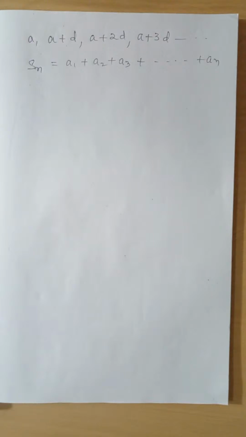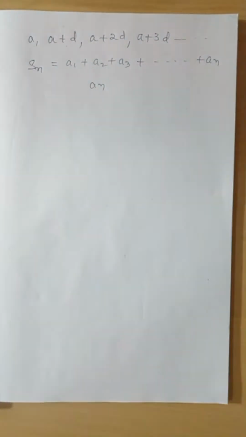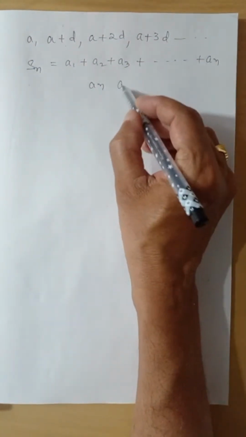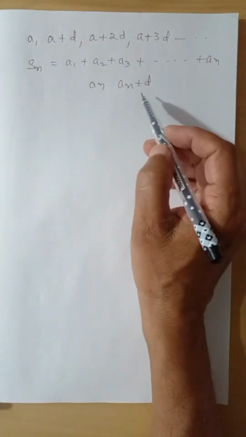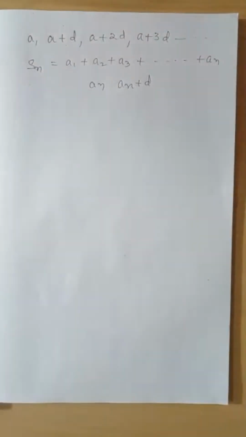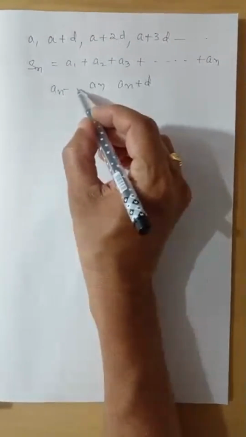One thing you should keep in mind: n is any term. Its next term is an plus d, the common difference added. To get the next term, the common difference is added. Suppose you need the previous term, then the common difference is subtracted from an, that is an minus d.